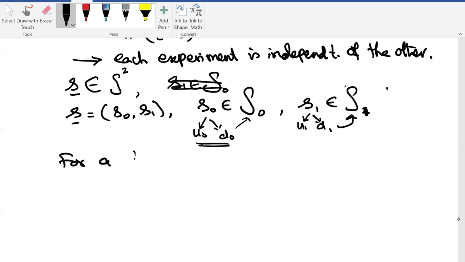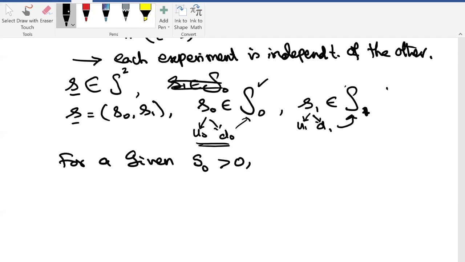For a given S naught, this is the stock price, S naught greater than 0. Let me not write it in script. I hope in the notes the notation is clear. In the exam also, when you write, you better write the script and ordinary S very clearly so that we can distinguish them. I'm sorry for giving the same letter for both.